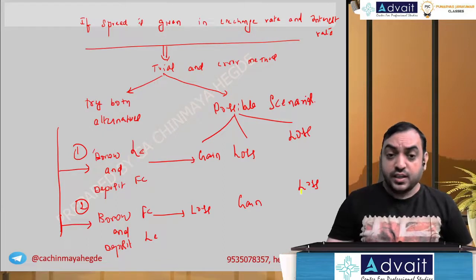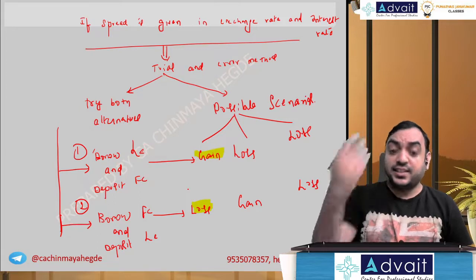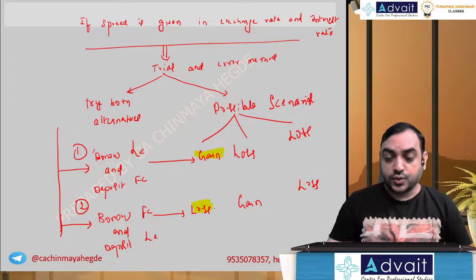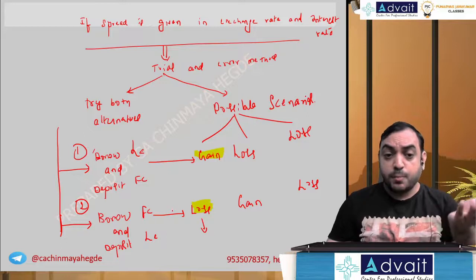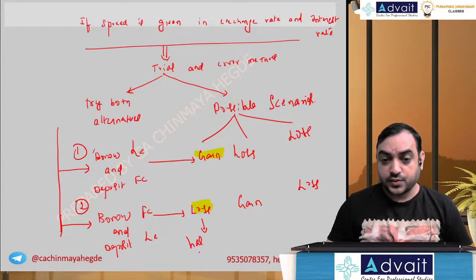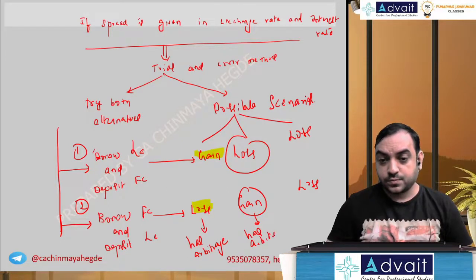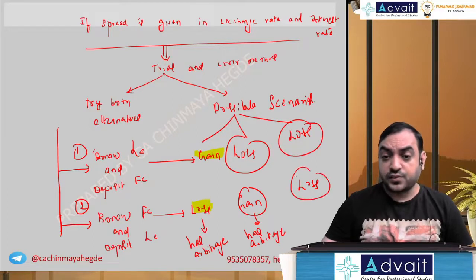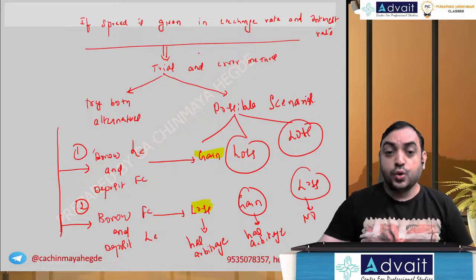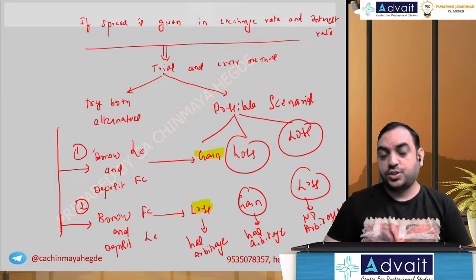So if you see gain and loss, then you understand an arbitrage opportunity exists in the first alternative. That is, borrow local currency, deposit foreign currency, has arbitrage. Loss here, gain here, yes, the second alternative has arbitrage. But if both are losses, that means there is no arbitrage.